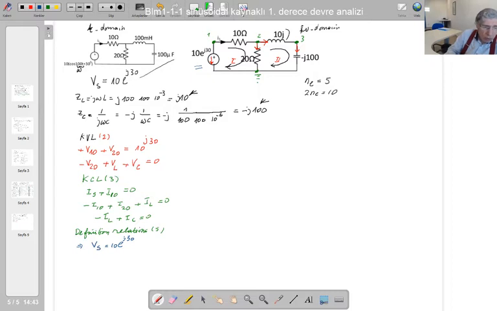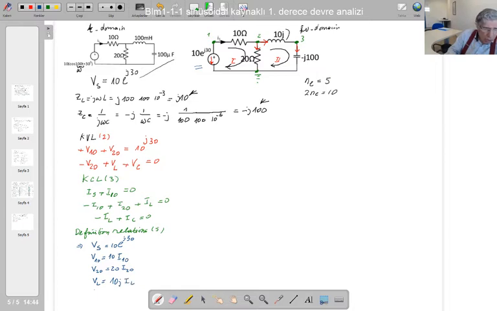For the 10 ohm resistor, V10 is equal to 10 times I10. And for the other resistor, V20 is equal to 20 times I20. For the inductor, VL is equal to j omega L times IL. j omega L, we already found here, is 10j, times IL.